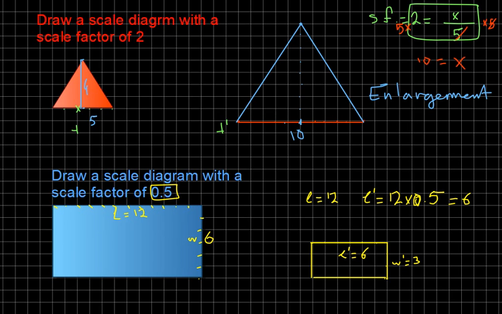So let's call this the base, and the height prime was 8. This is the work that you need to show to show your teacher that you know what you're doing. And let's do the last thing, reduction.